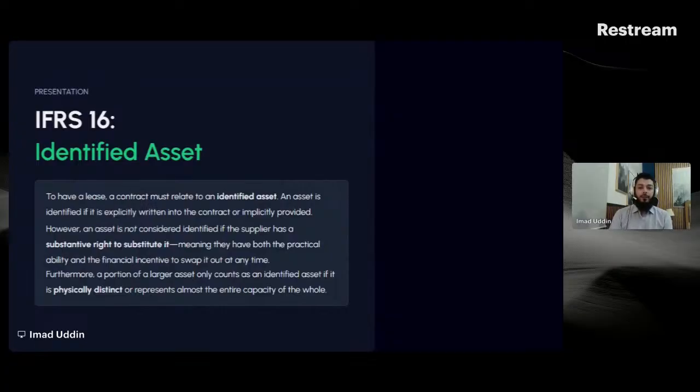So what does it mean? It means that they have both the practical ability and the financial incentive to swap it out at any time. So the lessor can exchange that asset for any other asset, and if that's the case, then that's not a lease, if the lessor can do it during the lease term. Furthermore, a portion of a larger asset only counts as an identified asset if it is physically distinct or represents almost the entire capacity of the whole asset.